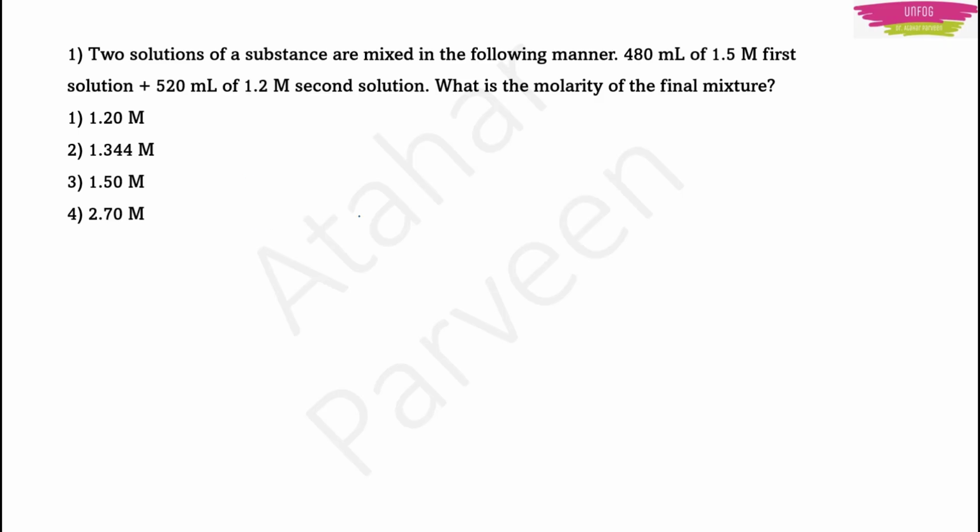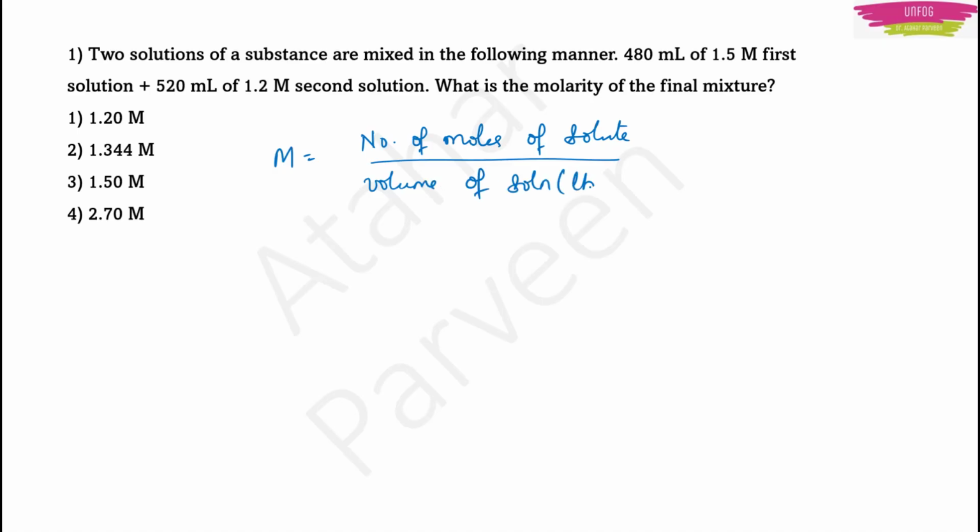In this case, what do you do? See, what was the molarity? Molarity was equal to number of moles of solute upon volume of solution, isn't it? And this was in liters, right? This was for one solution and one solute.